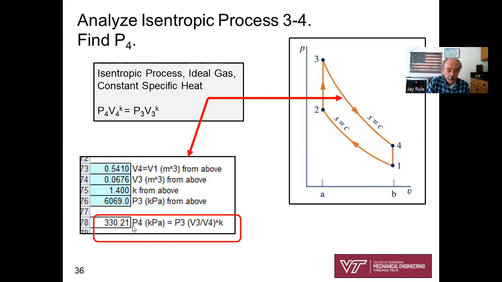So we can immediately solve for P4, which is 330.21 kPa. That's how we got P4. You say, well, why are we solving for P4? If we've got P4 and we also have V4, do you see that that enables us to find T4? That's how we solve for T4.